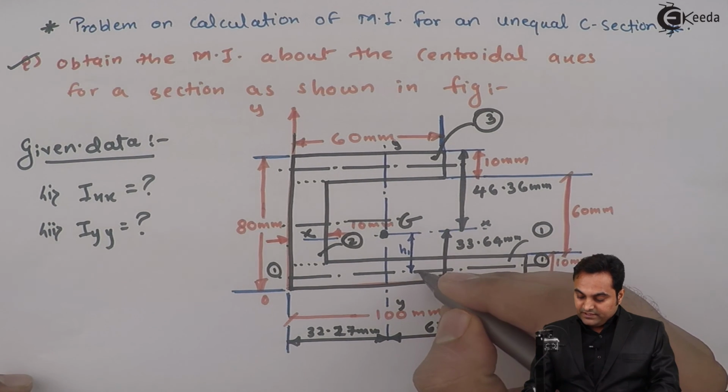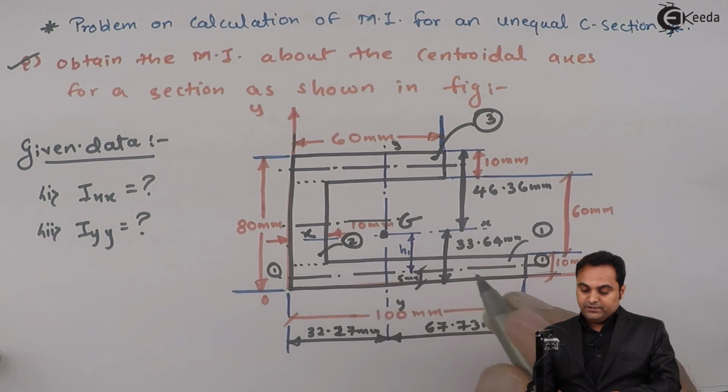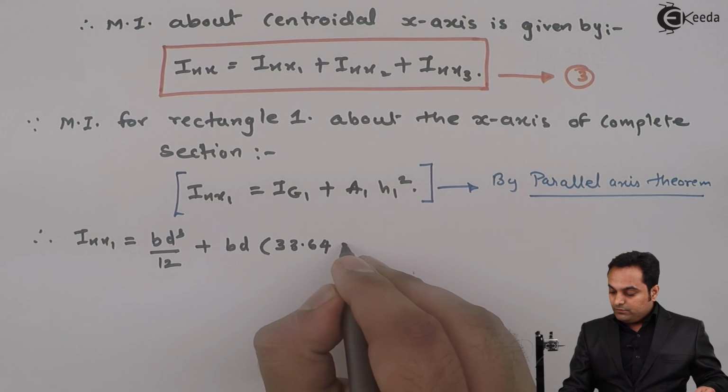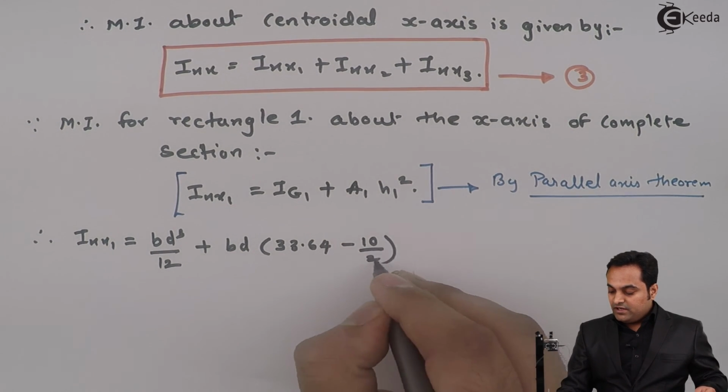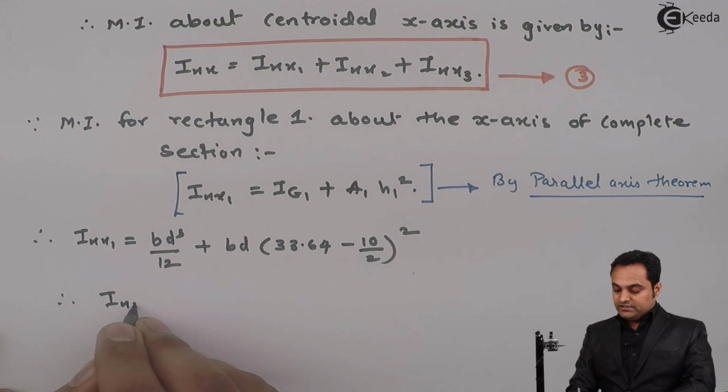From that, if I subtract this distance, which is 5 mm, so I'll get H1. So 33.64 minus, for 5 I can write it as half of 10, so that we can understand how it has come.